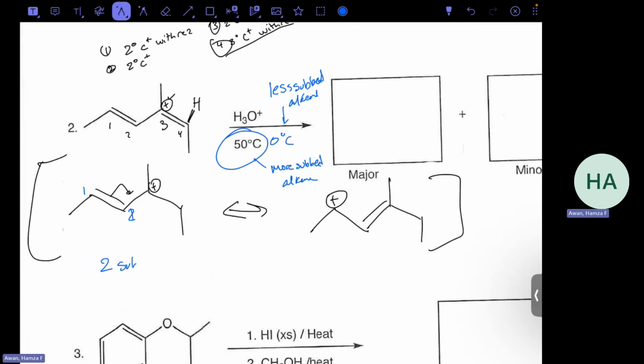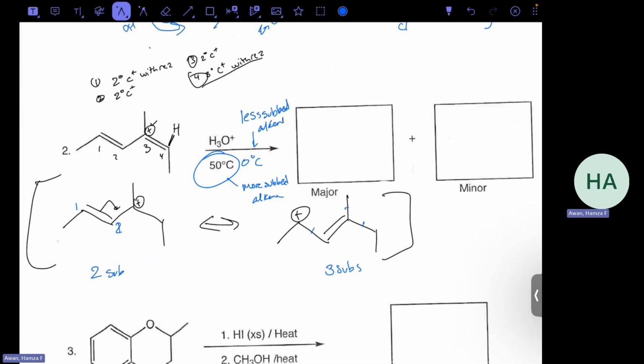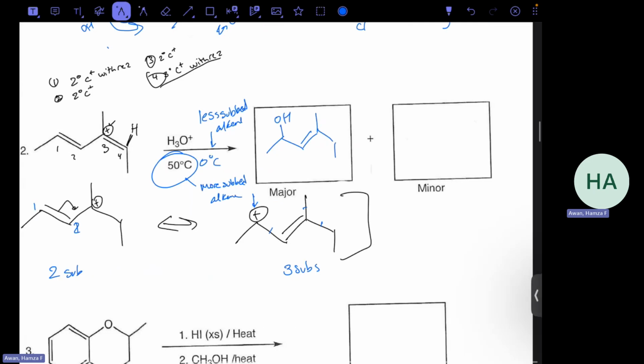And the one on the right has 1 sub, 2 sub, 3 subs, so it has 3 subs. And because the most subbed alkene is going to be our major contributor, we put our OH on this side for the major contributor. So our first major is going to be like this, with the OH sitting right there.